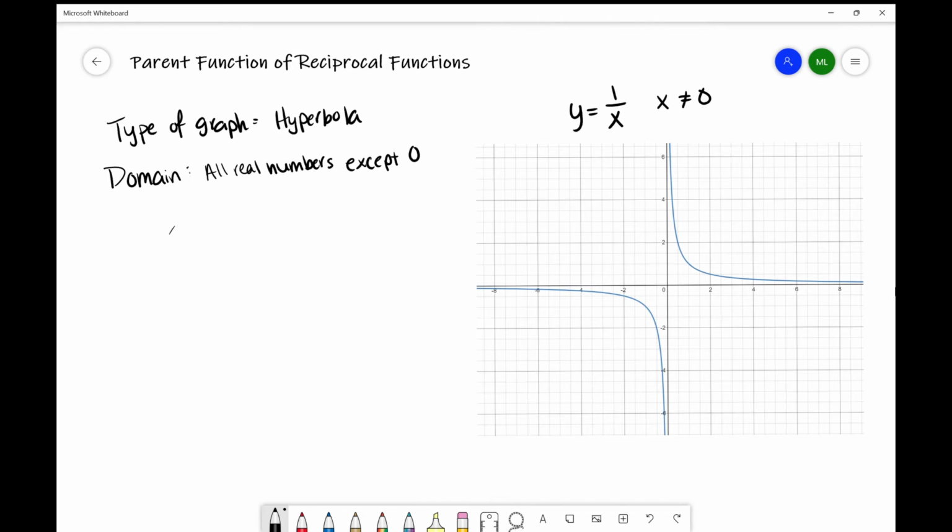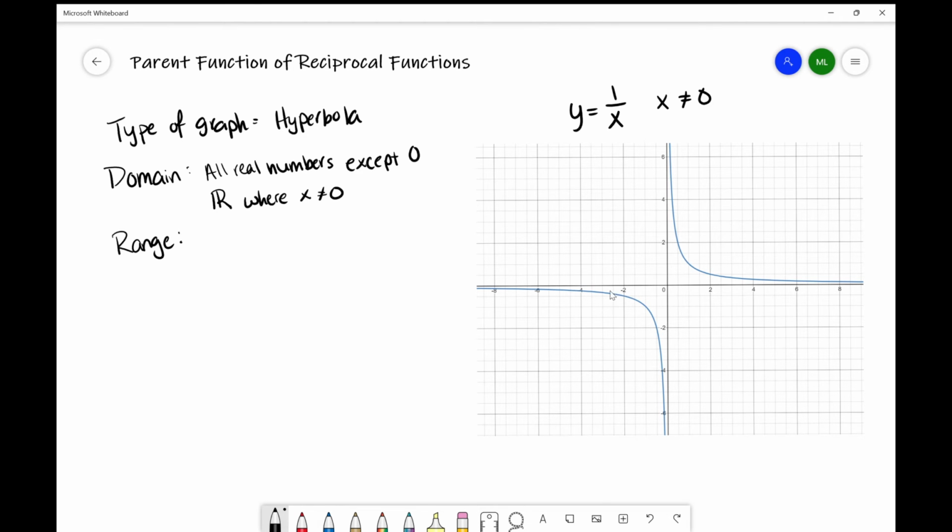And if we wrote this mathematically, it would be all real numbers where x cannot equal 0. So that's our domain. And our range, again if you look, is every y value except y equals 0.